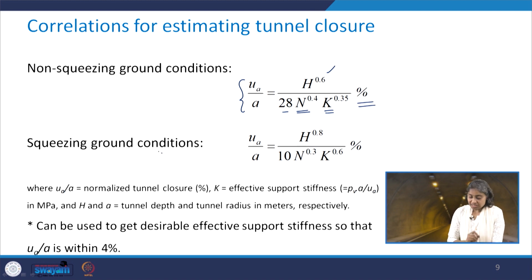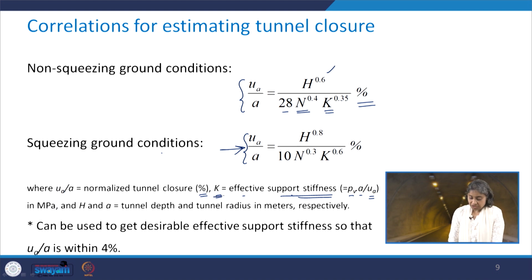Similarly, for the squeezing ground condition, one has to use this expression to determine the tunnel closure, which is the normalized tunnel closure in percentage. K is the effective support stiffness, which is written as PV into A upon UA.